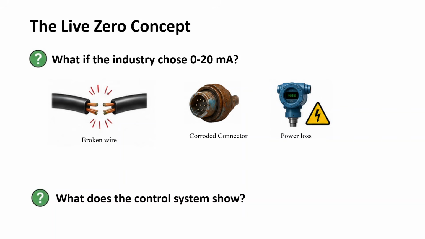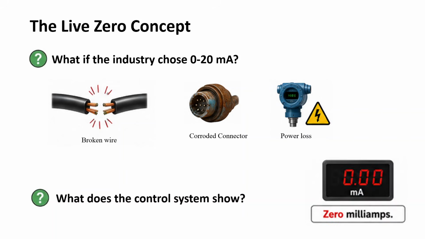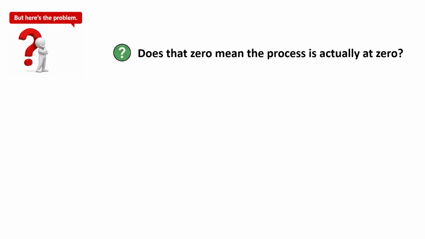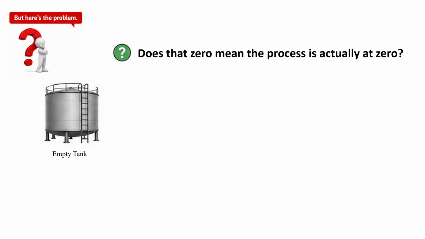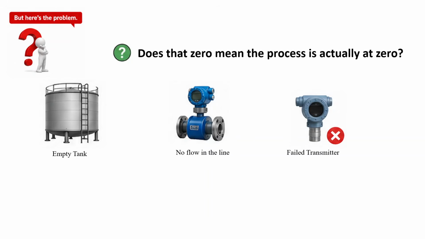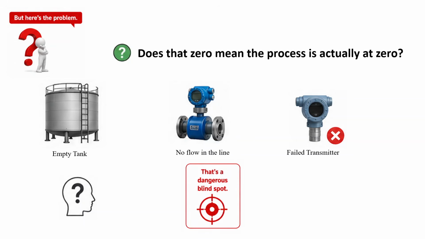What does the control system receive? 0 milliamps. But here is a problem. Does that 0 mean the process variable is actually 0? Maybe the tank is empty. Maybe the flow has stopped. Or does it mean the instrument has completely failed? Actually, the control system has no way to tell the difference. That's a dangerous blind spot.